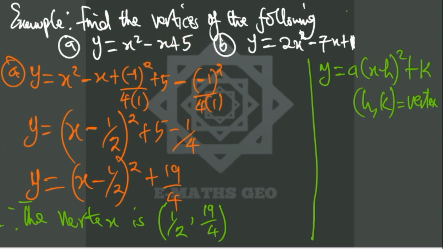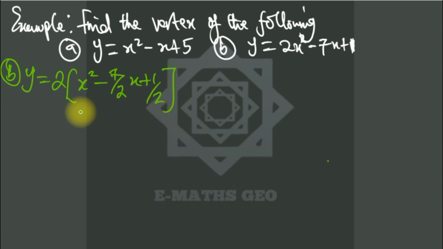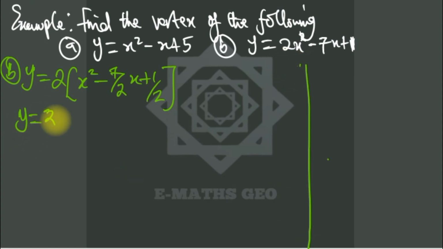So now the second one. What I will do is first factor 2, so 2 brackets. I have x squared minus 7 over 2 x plus 1 over 2. So we now start the main thing, which is making this a perfect square.